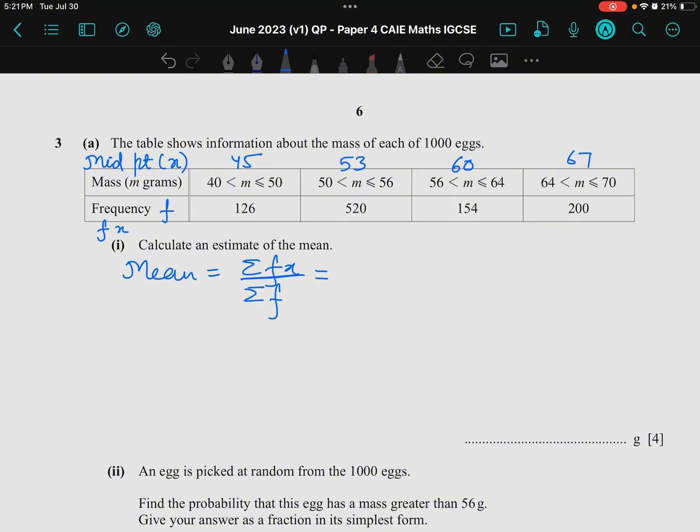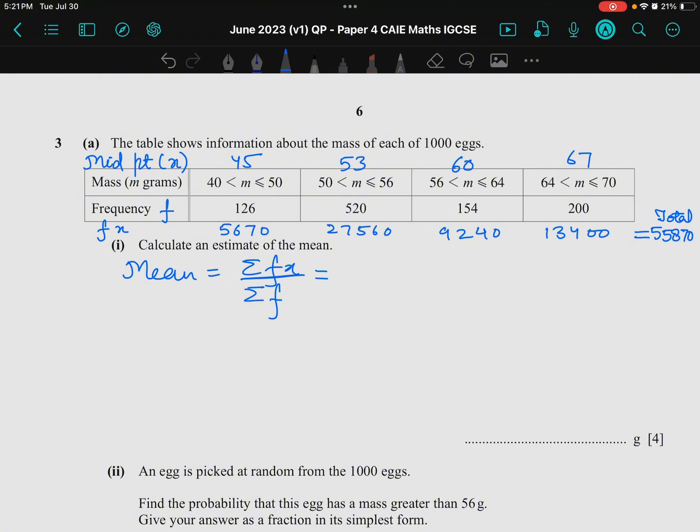Fx means 45 into 126 will give me 5670. 520 multiplied by 53, 27560. 154 multiplied by 60, 9240. 200 multiplied by 67, 13400. And the total of all these will give me 55870. This is the total.